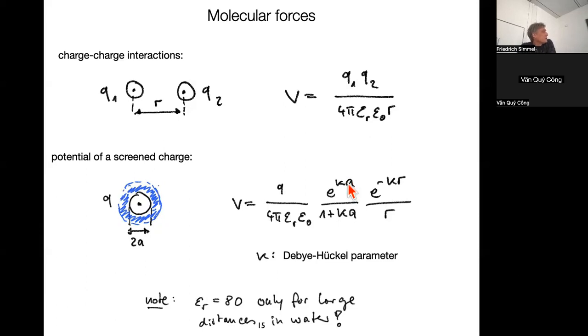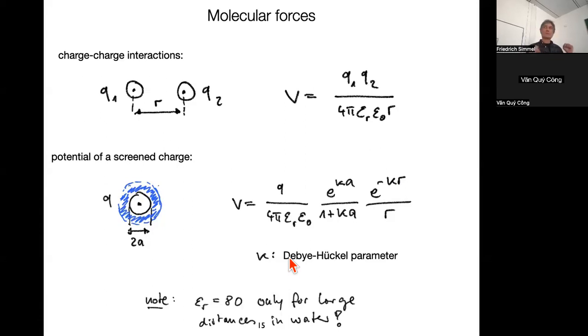The most important point to notice here is that we don't have a 1 divided by r distance dependence, but there is an exponential decay of the interaction, which is given by the Debye-Hückel parameter. We will come back to this in a separate chapter on polyelectrolyte behavior.